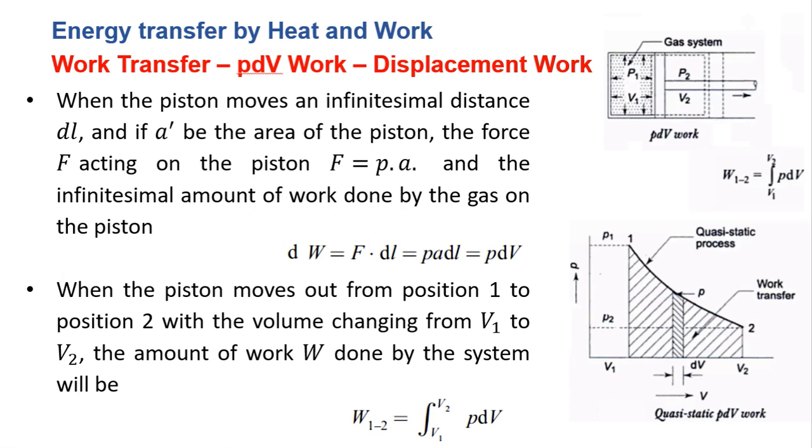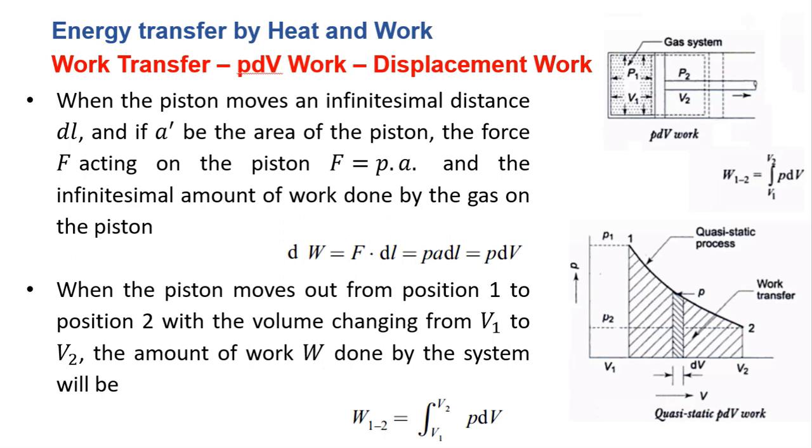Pressure and volume are point functions, and the work transfer or work done takes place along the curve itself. You can see how much work is done in the shaded area, and there is an infinitesimally small area in the picture.